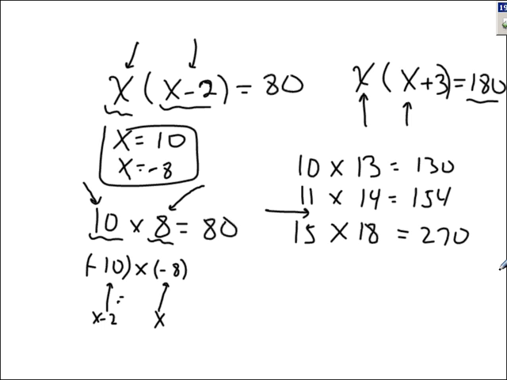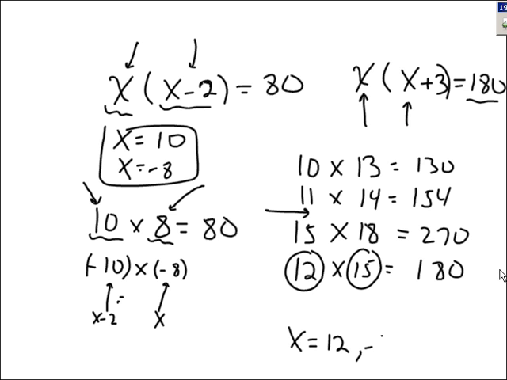How about we try the very next one, 12. 12 times 3 more, well, I don't know what I was thinking, that's 180. So that's x. x can be 12, and it can be negative that number, because there are two other numbers that differ by 3 to multiply to 180, like negative 15 and 3 more, negative 12.